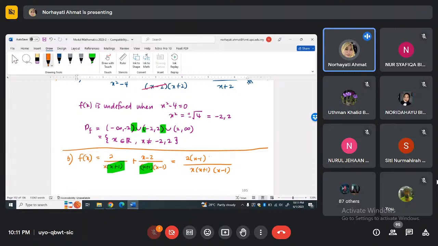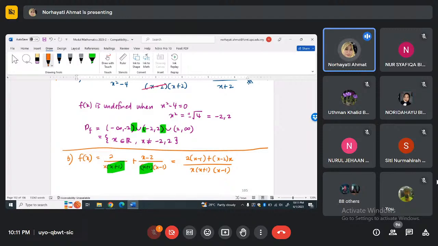Okay. Next, for the second expression, we need to multiply the numerator with x. Sebab dia dah ada x plus 1, x minus 1. Dia tak ada, hanya x. So that's why the second expression, we only multiply the numerator by x.